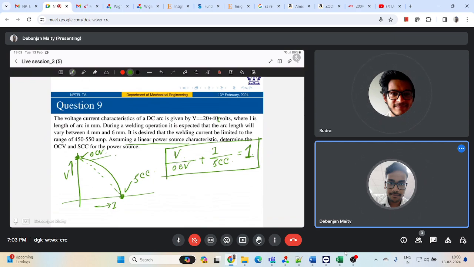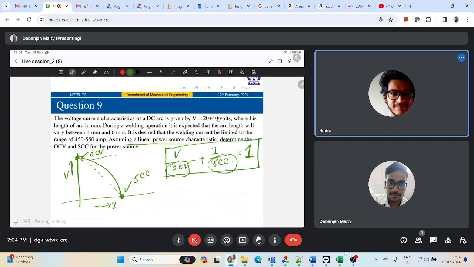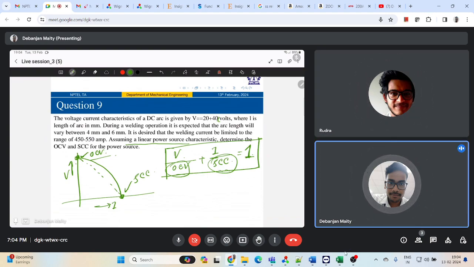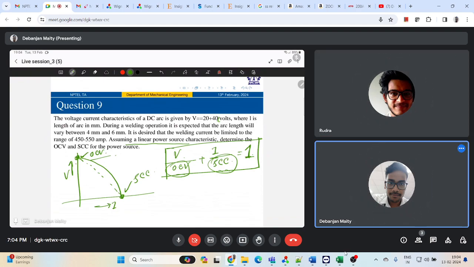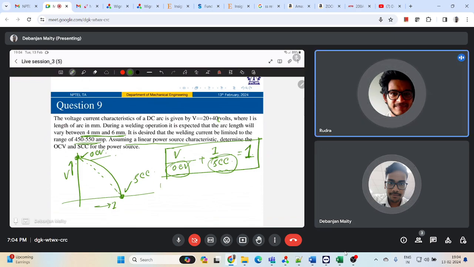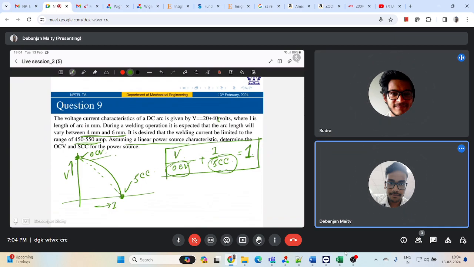No, we need to find these two values. These two are unknown, and to get two unknowns we need two equations. So you have the minimum and maximum limits of length and current. I took the mean value of 500 and started solving. Then I get two equations and I can solve for the two unknowns. That's how it's done.